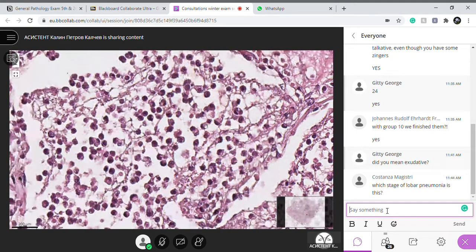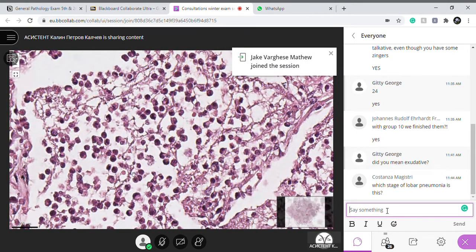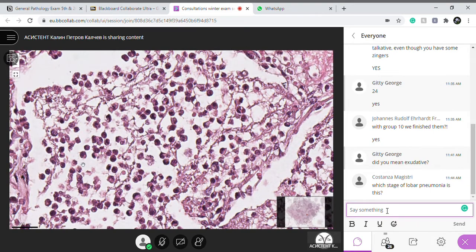But anyway, there are just a few red blood cells. If there was abundance of red blood cells, then we would define this as red hepatization. But here, as there are just a few red blood cells, we define this as gray hepatization. So it's the third stage of the pneumonia.